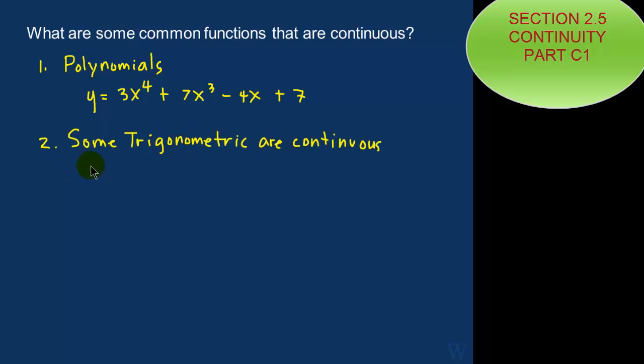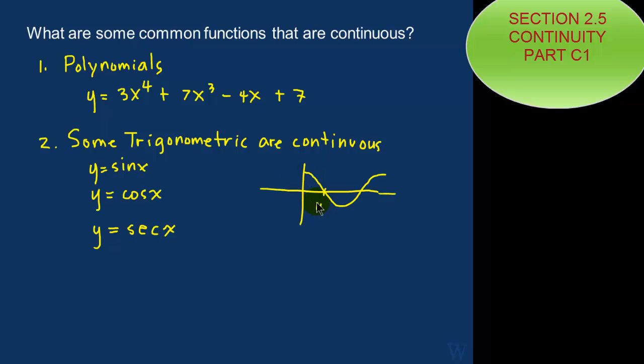A few examples would be y is equal to sine of x, y is equal to cosine of x. What about y is equal to secant of x? Well, it will depend on the domain. So y equal to secant of x, cosine of x behaves this way: pi over 2, 3 pi over 2, up to 2 pi. Now if I take the reciprocal, when cosine of x is 0, that's when it'll be undefined.